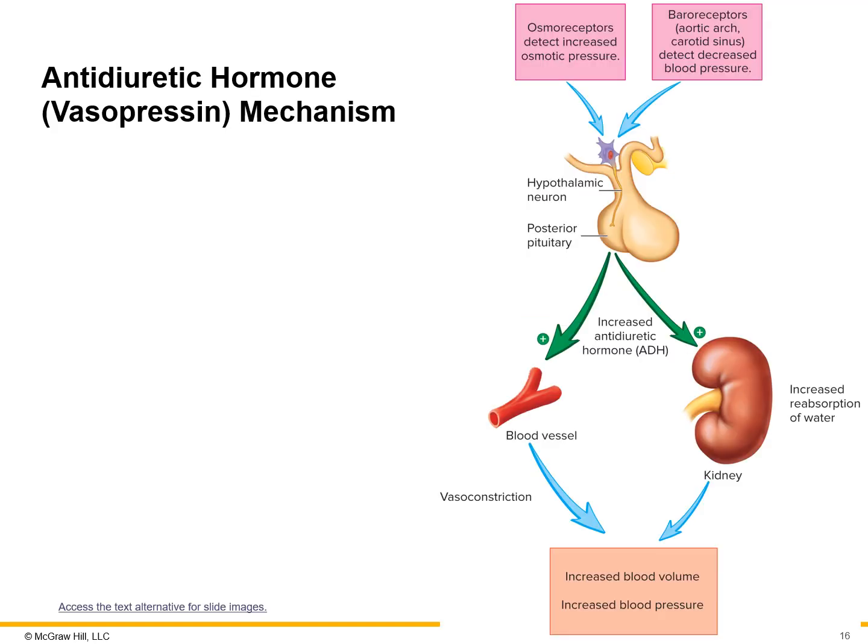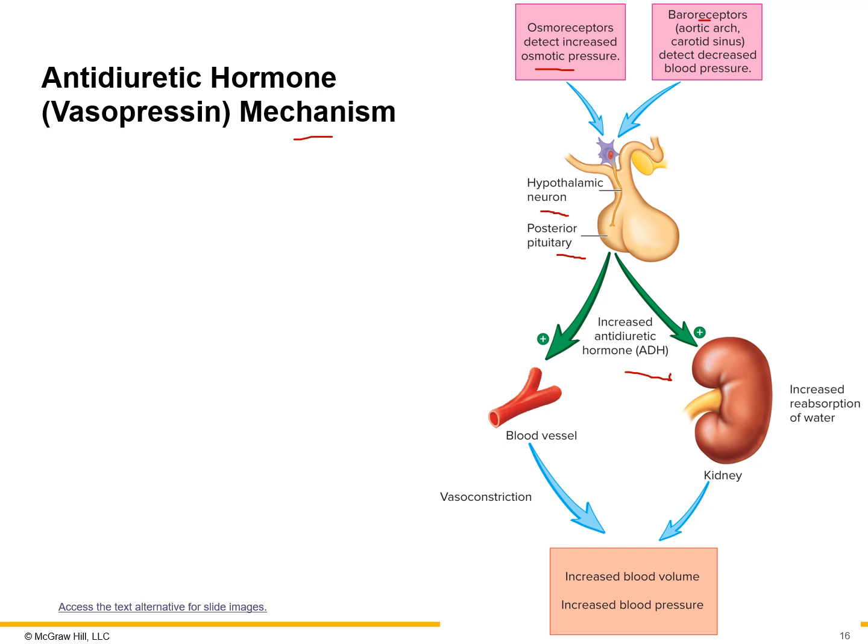All right, now what about the antidiuretic hormone? We have osmoreceptors that detect an increase in osmotic pressure. Again, we already talked about our baroreceptors here, but either one of those activates the hypothalamus. That stimulates the posterior pituitary, which increases the release of antidiuretic hormone.